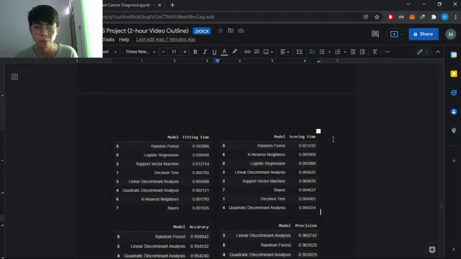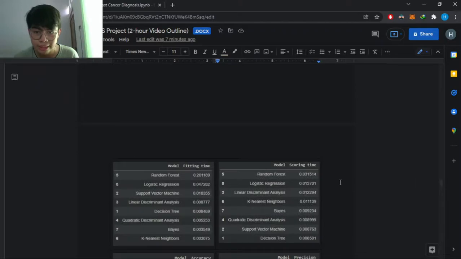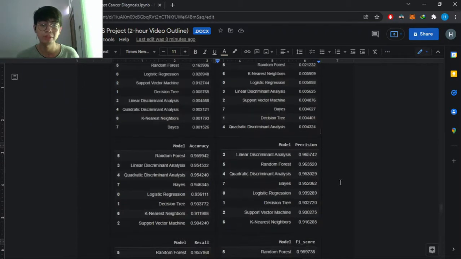And for scoring time, without the dimensionality reduction, it was a bit more than twice, but now it is a bit more than three times, I suppose. Yeah, a bit more than three times. So it is a bit more apparent in the data where we use dimensionality reduction, right?